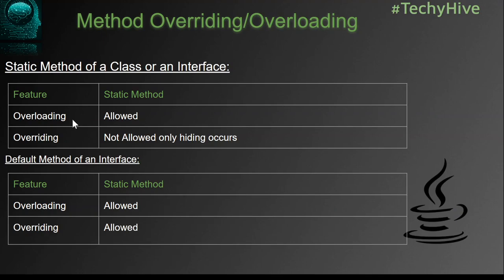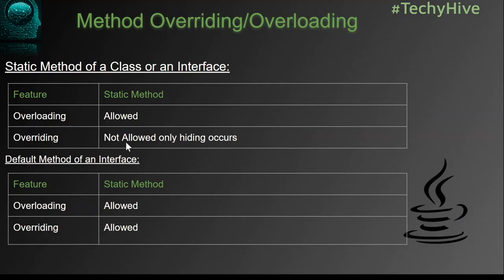That means compile time polymorphism is allowed in static methods, but overriding is not allowed. When we define the same method in a subclass, it will hide the static method from the parent class. So this is not method overriding.